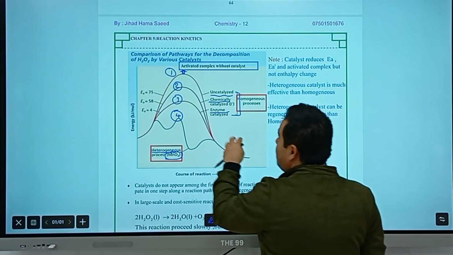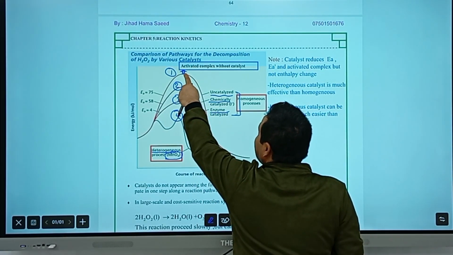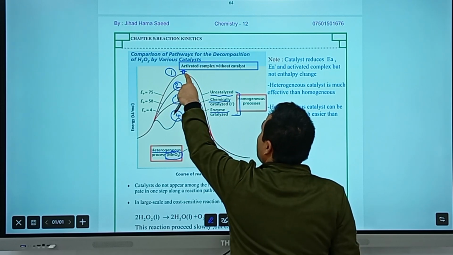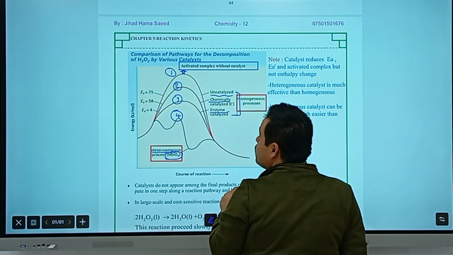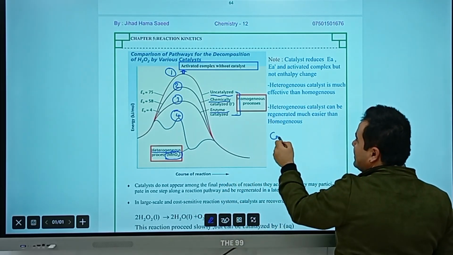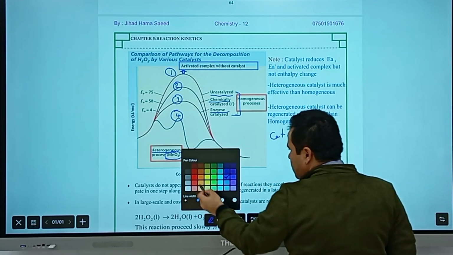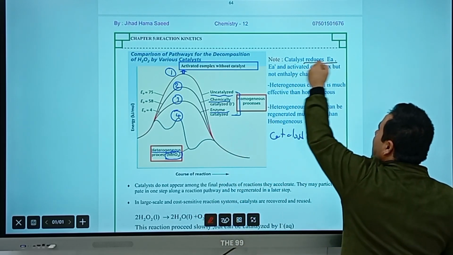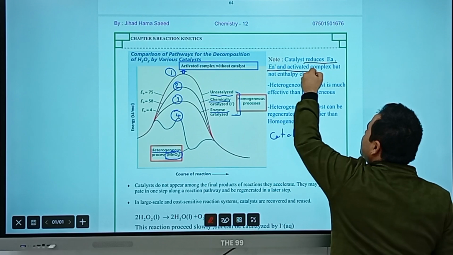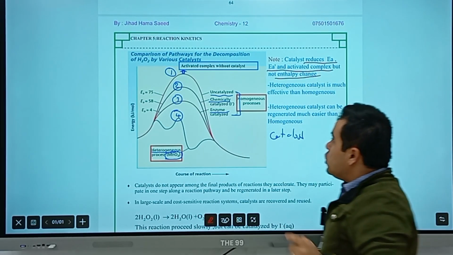Guys, the effect, you can see, uncatalyzed has a higher activation energy than the catalyzed. So what does a catalyst do? Here I have written, a catalyst reduces EA, EA prime, and the activated complex, but not the enthalpy change.